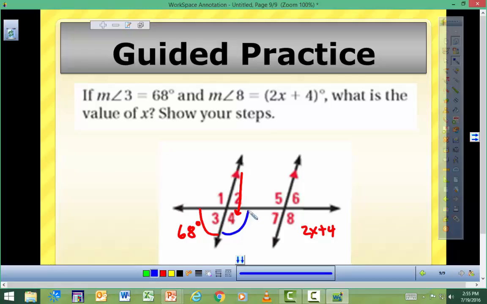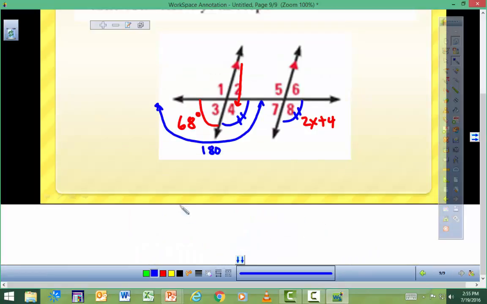So my plan to solve this problem is to figure out what angle 4 is, and I can do that because I have a linear pair, and I learned from chapter 2 that linear pairs are supplementary. So I can start out by finding angle 4.